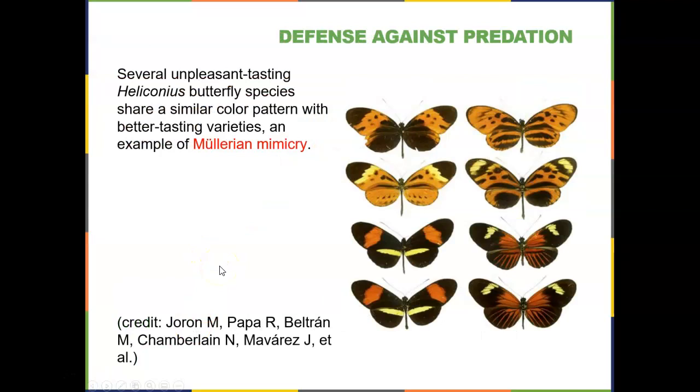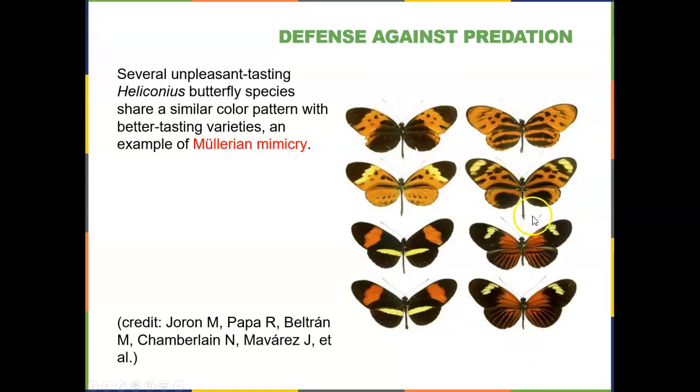Additionally, several species may exhibit what's called Mullerian mimicry, where you have a number of species that all look similar to one another, but they have varying amounts of their defense. So all of these butterflies to some degree taste bad. Some may taste worse than others. If you were a predator, maybe you could eat this one and it wouldn't taste that bad, but this one would taste really bad.